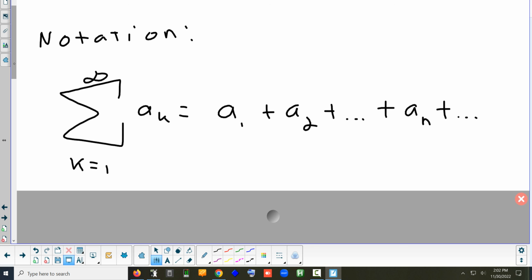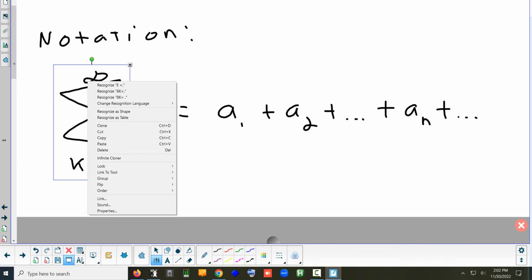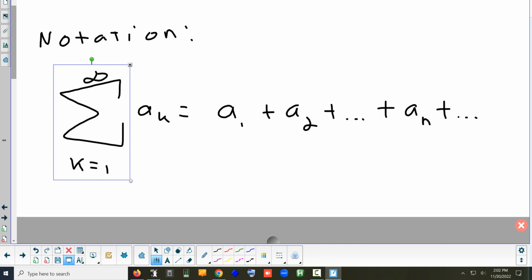Well, this is the notation using sigma for what we call an infinite series. What looks different about it than yesterday? First of all, there's an infinity sign on the left. When you have an n here, that means you stopped somewhere. It's unknown where you stopped, but you stopped. How about on the right side?